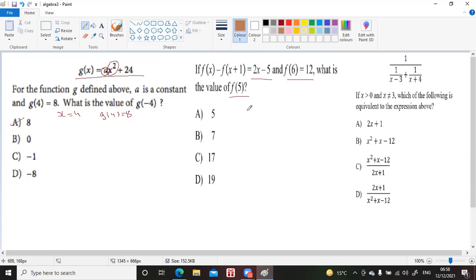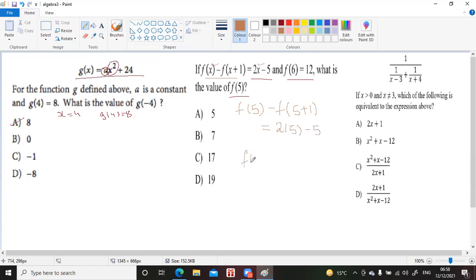Okay, we need to find the value of f of 5, okay? And this is the equation. So let's write f of 5 minus, when we have 5, we will have 6 here, f of 5 plus 1. X is 5, right? So it would be 2 into 5 minus 5.